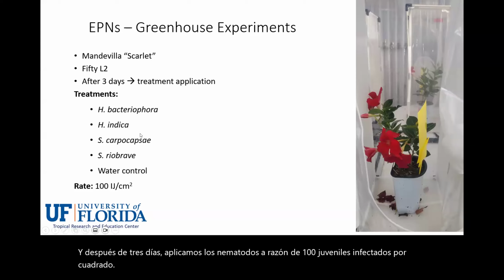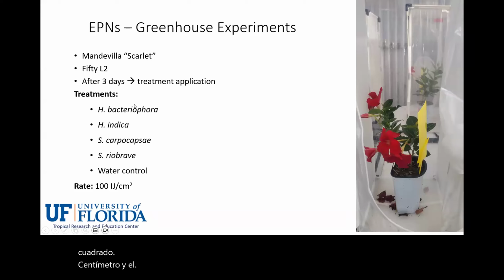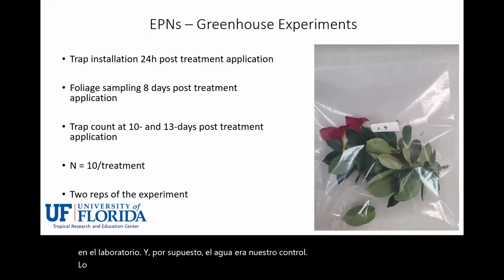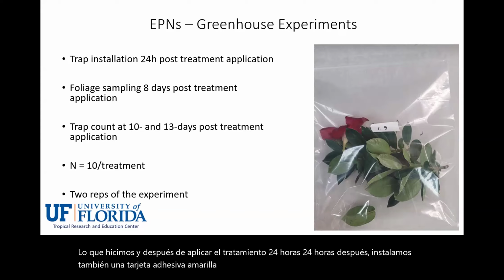The treatments were the most promising nematodes that we saw from the lab, and of course, water was our control. 24 hours after applying the treatment, we also installed a yellow sticky card to trap the emerging adult thrips.